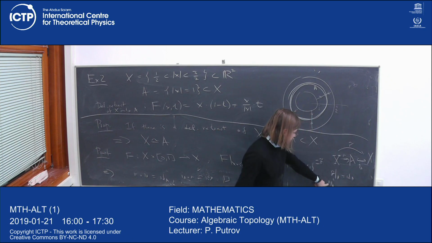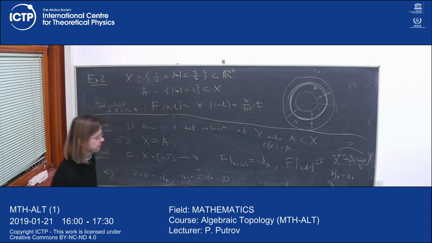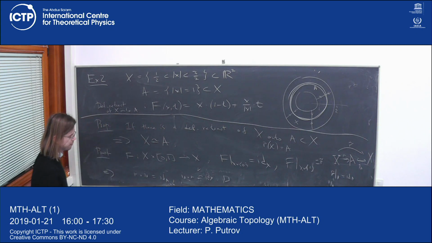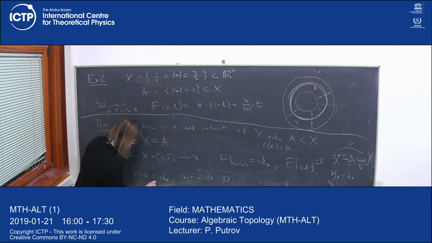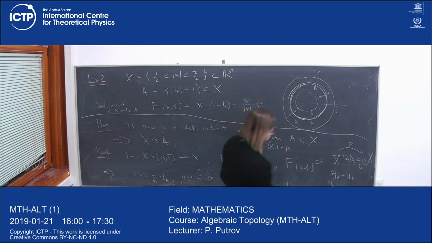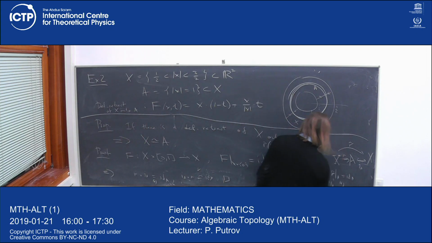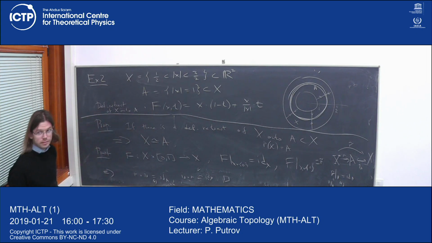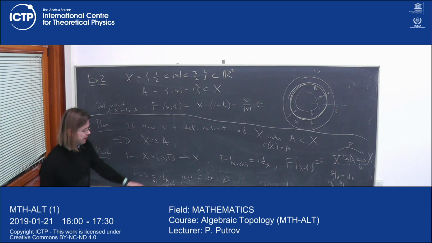So what is written here is actually the composition of inclusion with R. So this follows from this. Why here don't we have a tilde? Because this is just identically.